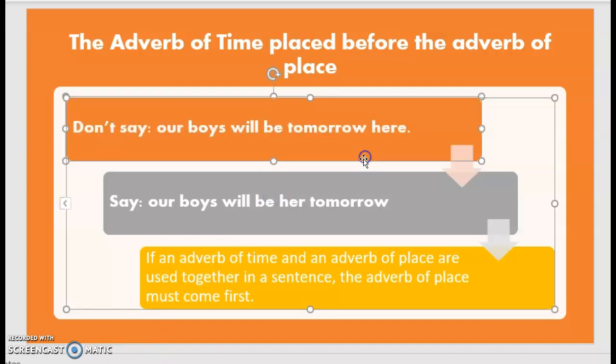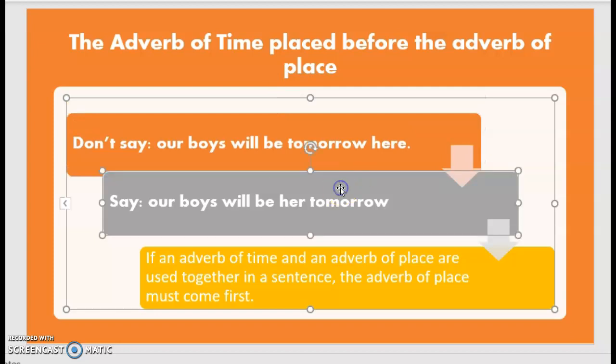Sometimes people make that mistake and it's not allowed. If an adverb of time and an adverb of place are used together in a sentence, the adverb of place must come first. So you put the place before the time. That's the way it goes.